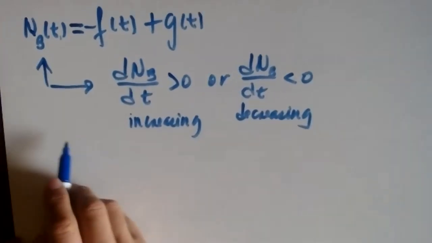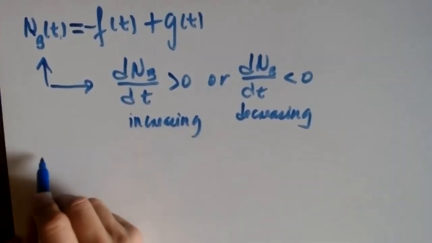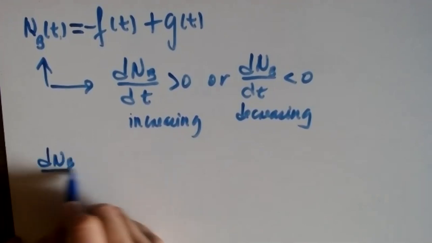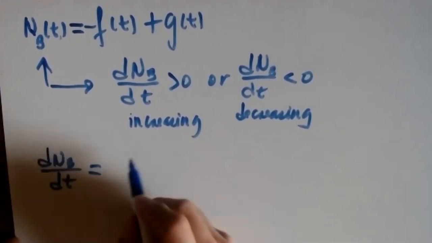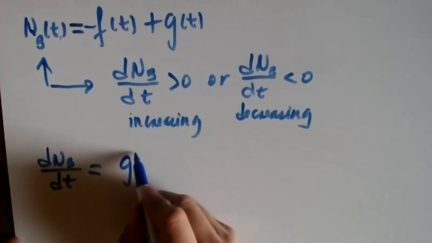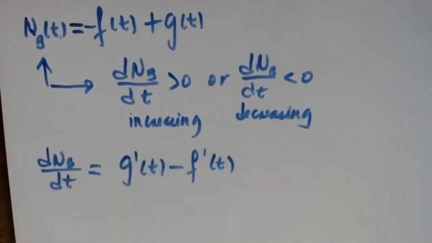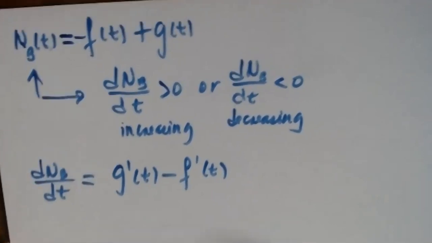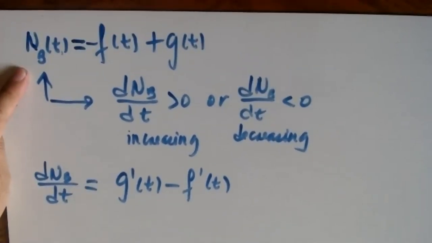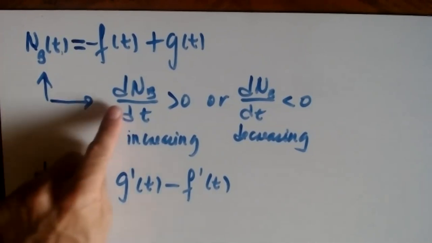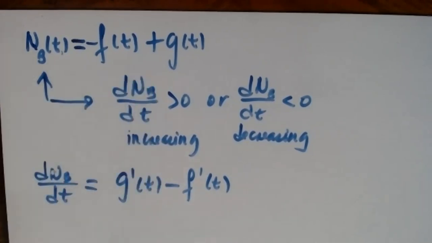Okay, now, important here. dN_B/dt is G prime of t minus F prime of t, correct? Everybody catch that? If this is N_B, the derivative of N_B is the derivative of these two. So it's G prime minus F prime, correct?